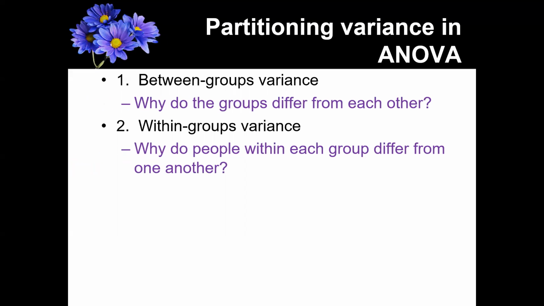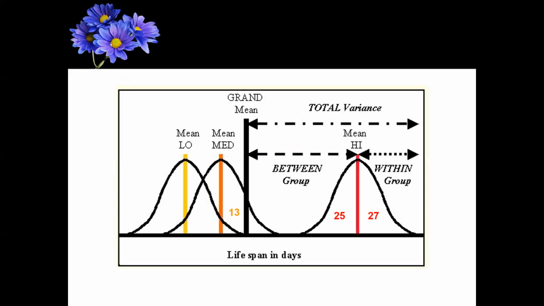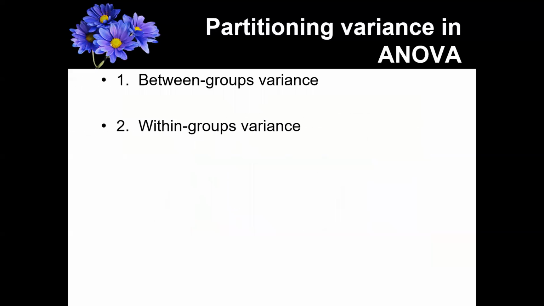So just try to solve this for a second, and then I'll give you the answer. Why do you think that there might be between groups variance? Why would the low condition mean, medium condition mean, and high condition mean be different? Well, there are two reasons, and this is really the same as we've talked about with t-tests.